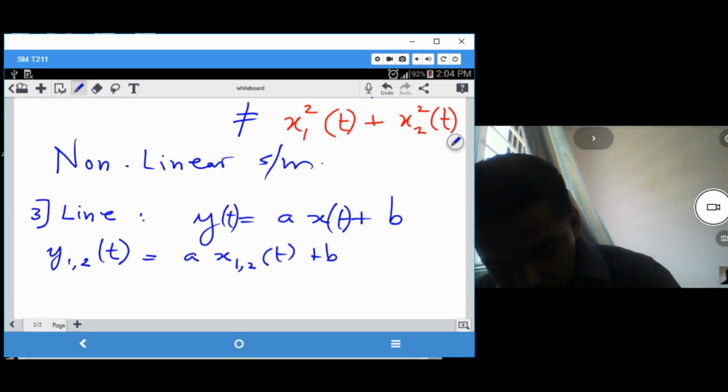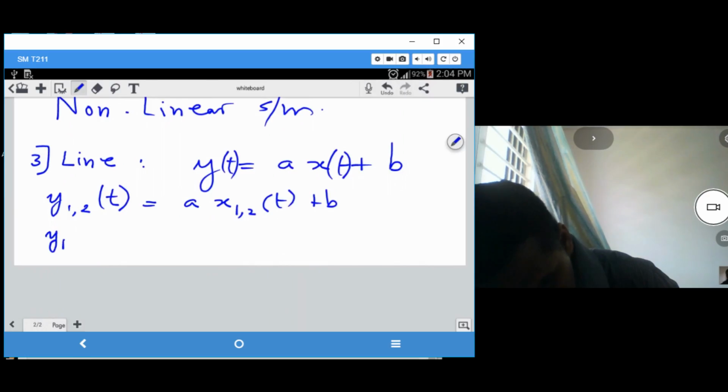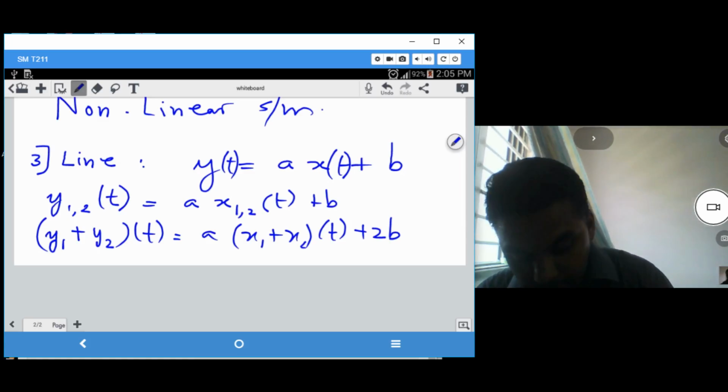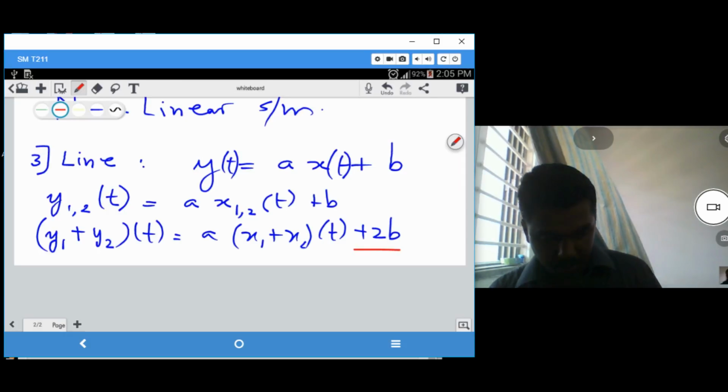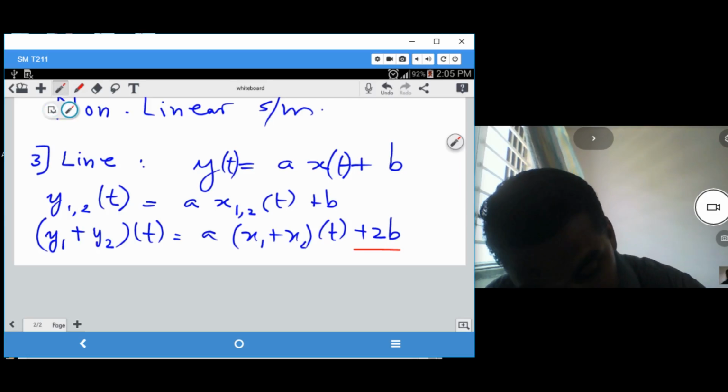This implies that if I add y1 plus y2 from these two equations, I should get a times x1 plus x2 of t plus 2b. Note the fact that it's 2b here, which is not the output corresponding to the sum of the inputs. The output corresponding to the sum of the inputs would have been replacing x(t) by x1 plus x2 of t.